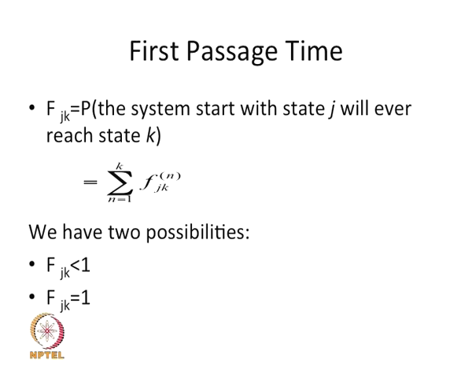The second case says that with probability 1, you will always reach the state k, whatever be the number of steps, starting from the state j. So, our interest is both less than 1 as well as equal to 1.